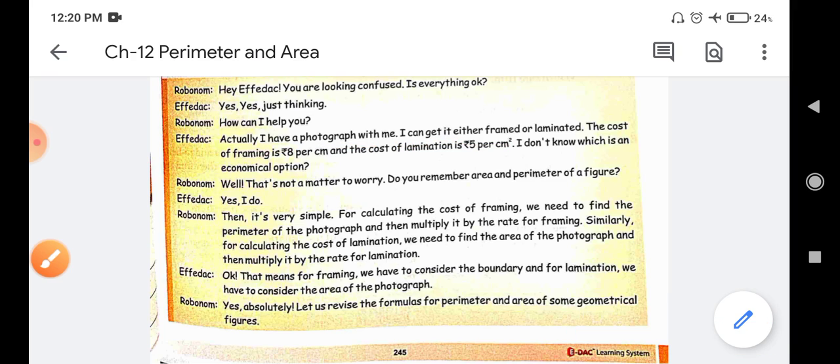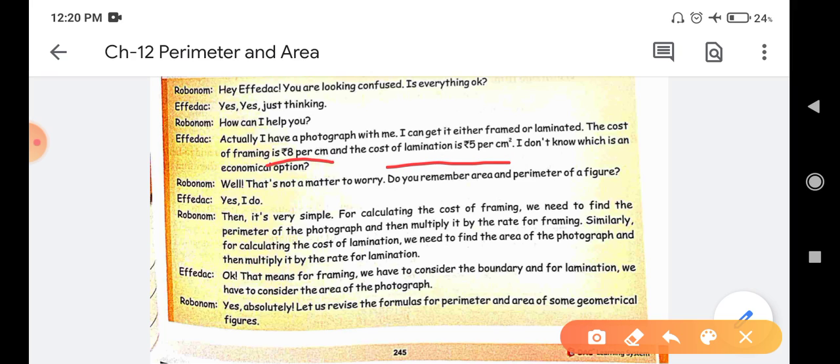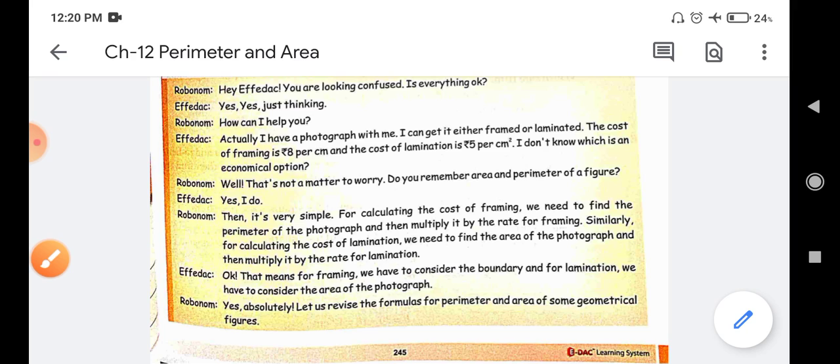The cost of framing is rupees 8 per centimeter, and the cost of lamination is rupees 5 per centimeter square. I do not know which is an economical option.